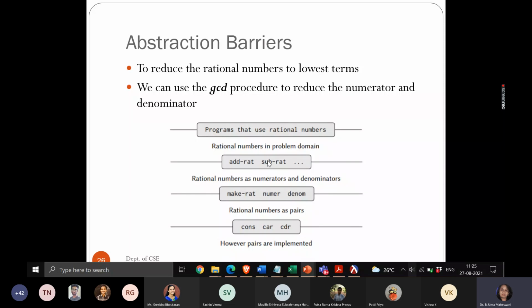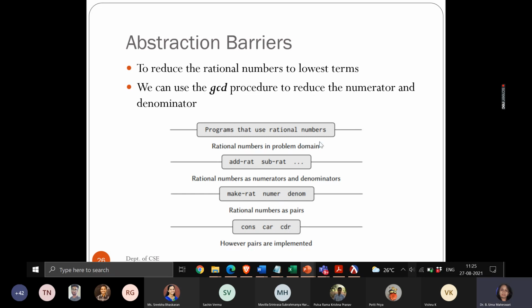This is called modularity, abstraction. Suppose I want to modify the data type; if the language provides something else, I can write it here, depending on the data type, in the numerator and denominator parts. But add-rat and subtract-rat will always work.